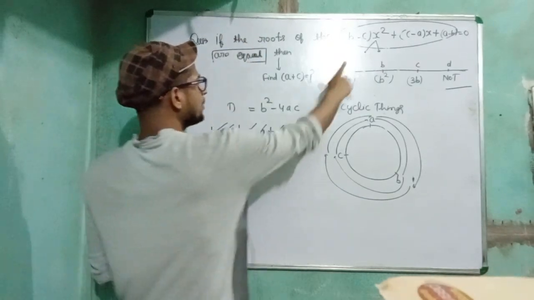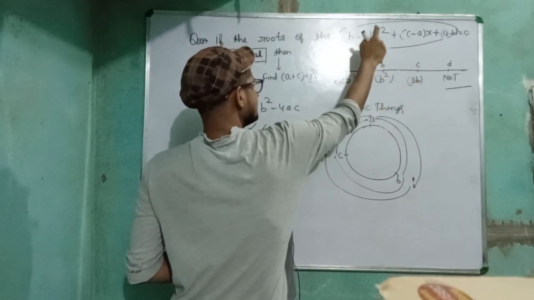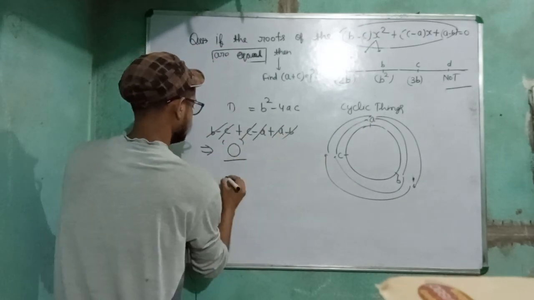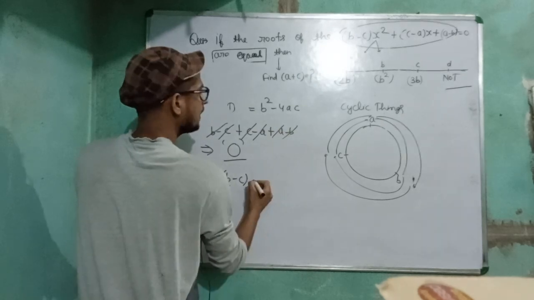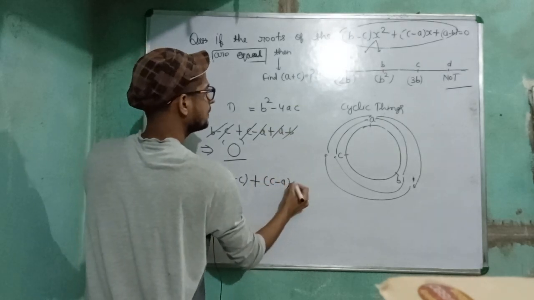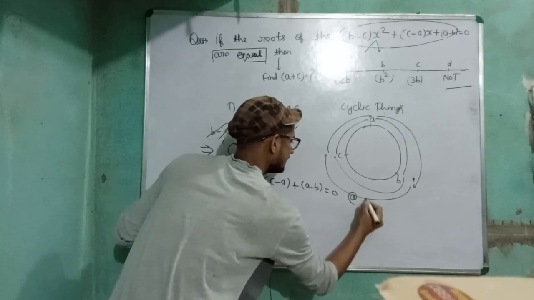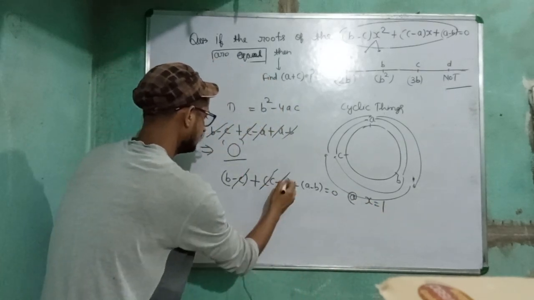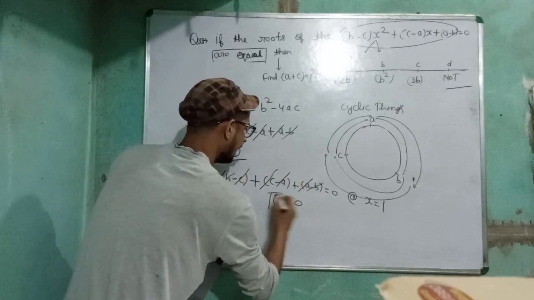I mean, just by your objective approach, if you put x equal to 1 over here, then what would you get? Putting x equal to 1 in the given equation, B minus C plus C minus A plus A minus B equal to 0, that is, 0 equals 0.